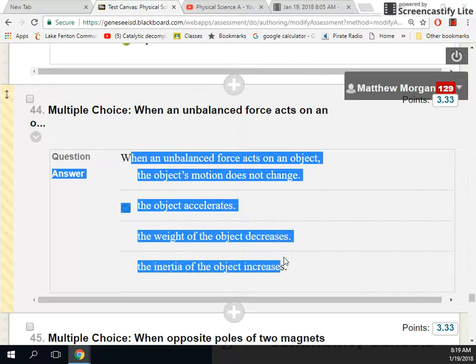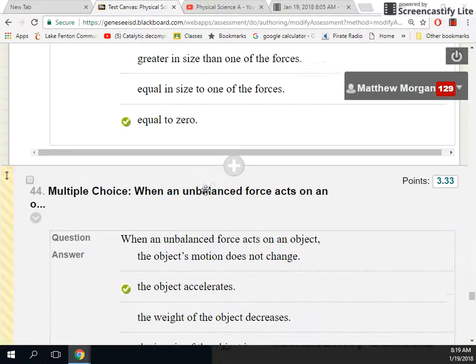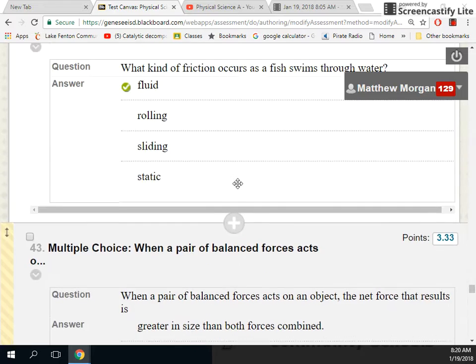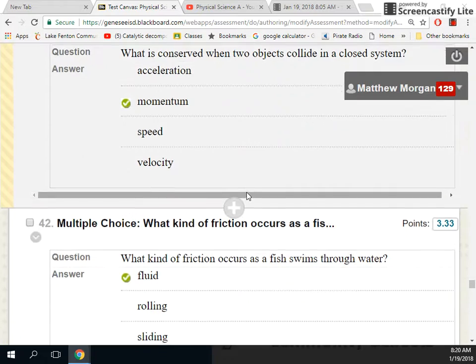That was all of this semester, that was the point of this class. That one has to stay. And then balanced force equals 0.